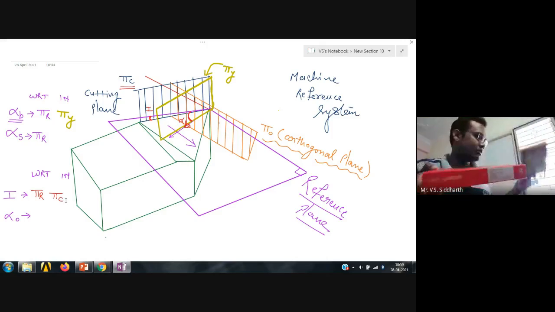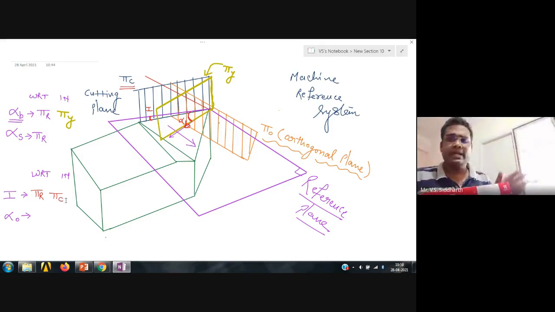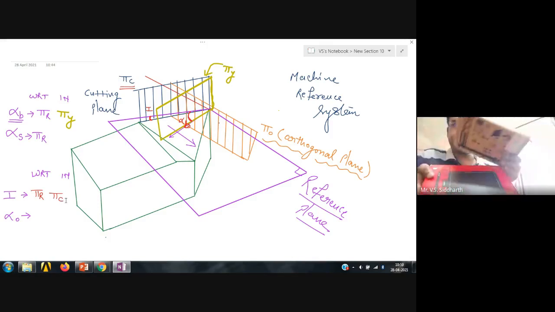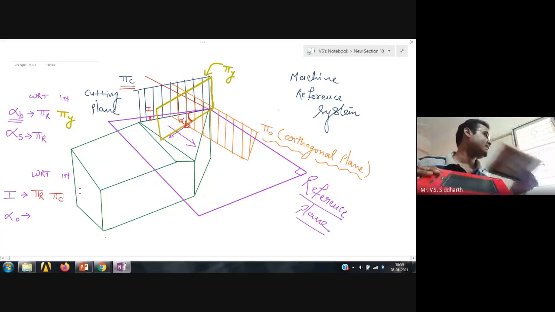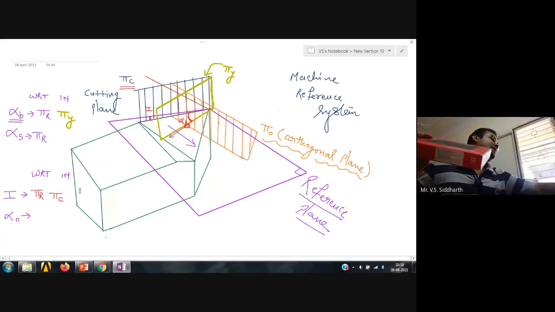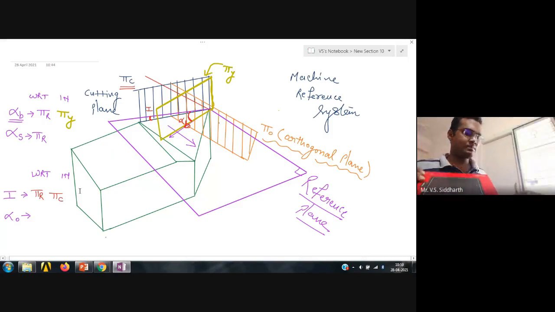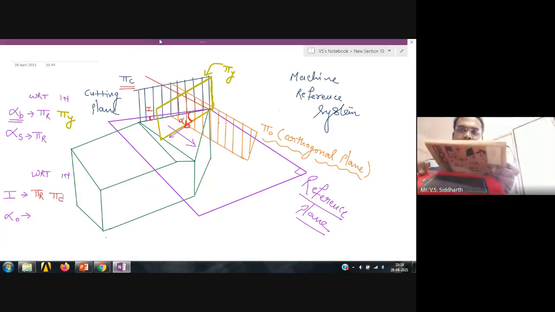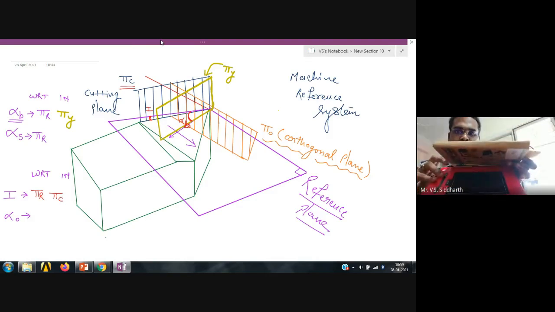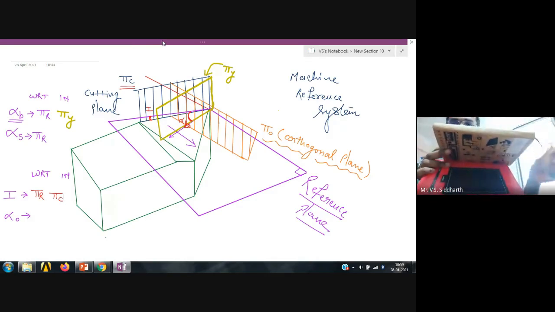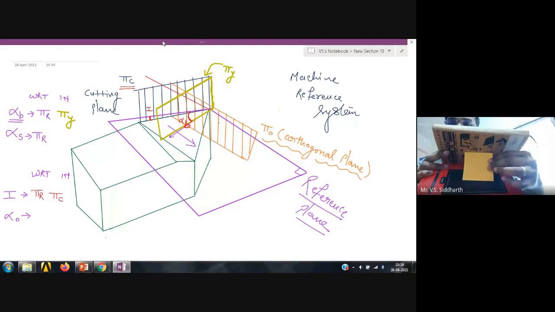So basically, you see in the diagram, the pi y plane is passing somewhere in between like this.